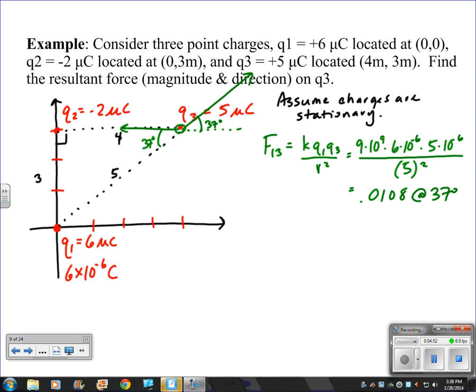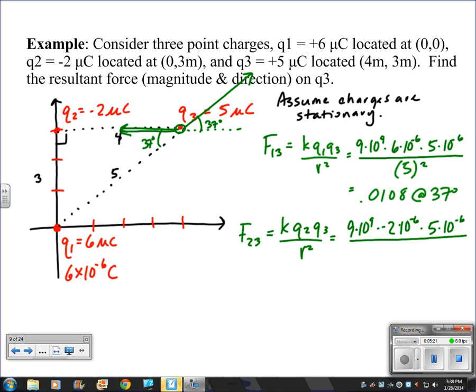Now what I'm going to do is focus on the force between Q3 and Q2. Q3 is attracted to Q2, so that angle is at 180 degrees. I'll be using Coulomb's law again. K is 9 times 10 to the 9th. Q2 is -2 times 10 to the -6. Q3 is 5 times 10 to the -6. And my distance then is 4 squared on the bottom.